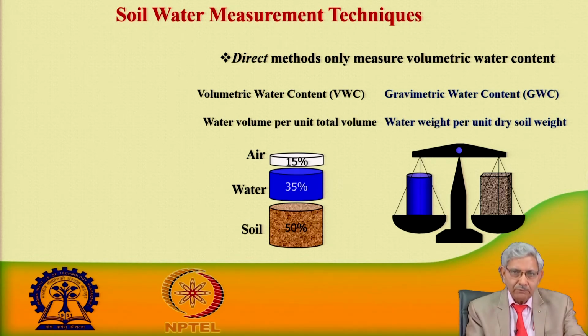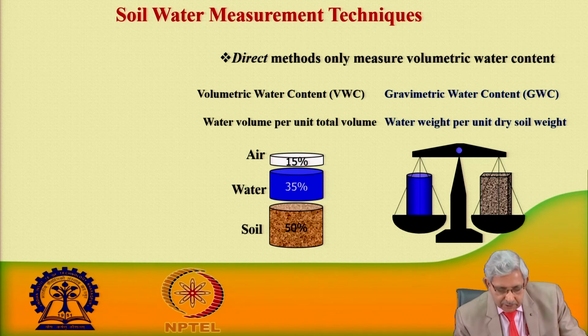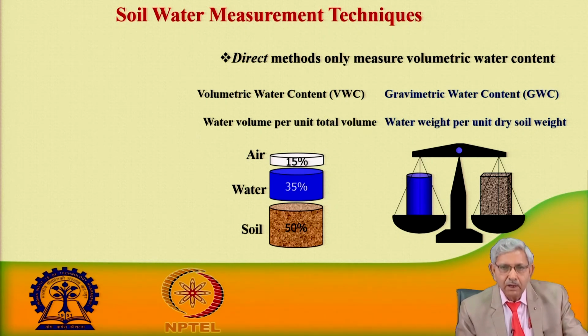With reference to irrigation, when the gravitational water is removed, the pores are partly filled with water and partly with air. If we say 15% of the volume is air and 35% of the volume is water, that is in volumetric units: the percentage of water content available in a given soil column.